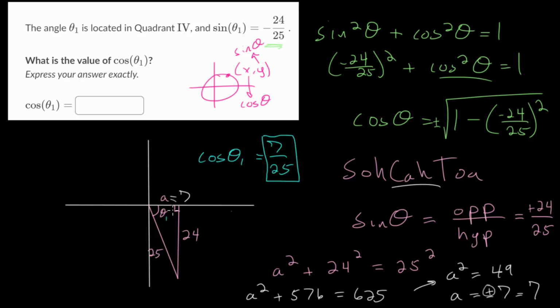So we can either use geometry and the Pythagorean theorem and determine the sign using the unit circle, or we can use the Pythagorean identity, though in both cases we do need to figure out the sign based on its quadrant and this unit circle.